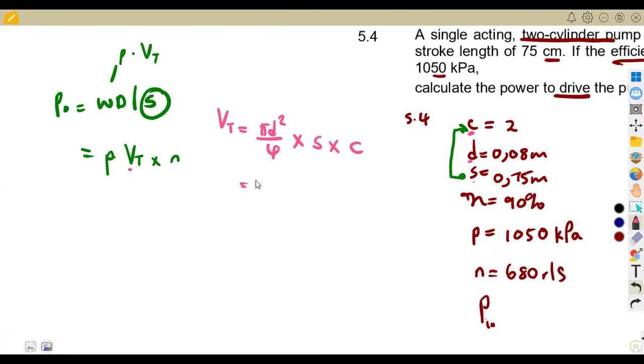So meaning to say we can calculate VT from there. That's pi times D, which is 0.08 squared over 4 times S, which is our stroke length of 0.75, times C, the number of cylinders, which is 2.